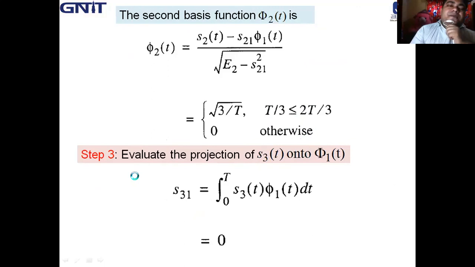Next, we move to the construction of the third basis function. To evaluate the third basis function, first we need to find S31 and S32.